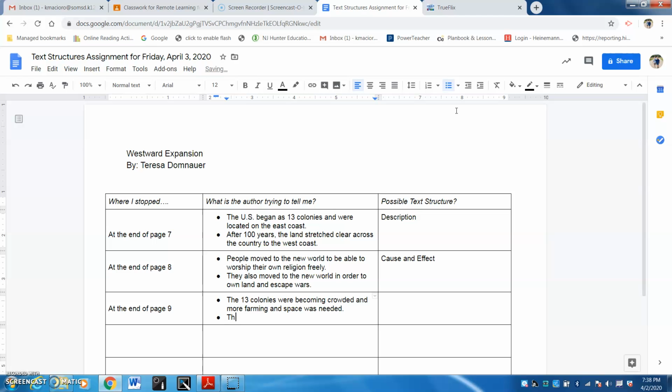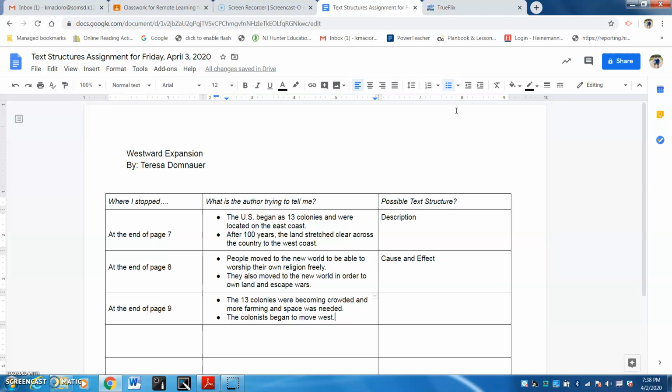I also learned that the colonists began to move west. All right, so if I think about it, well, they moved west because there was no more space.